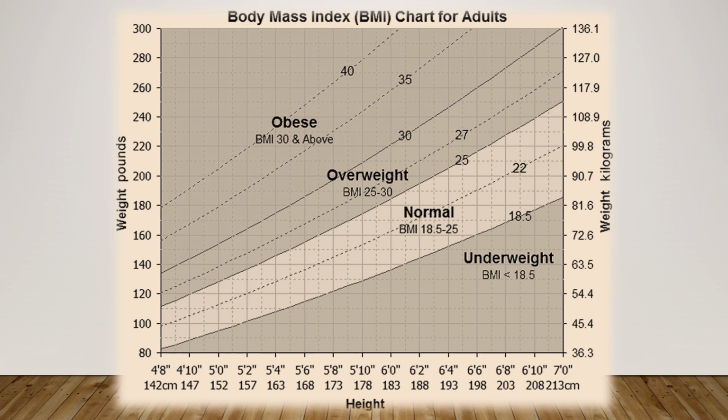This chart is prepared on the basis of your height and weight. You do not need to remember this. You can go to the link given in the description, enter your height and weight, and accordingly it will give you your BMI. It is important to know where you currently stand, where your BMI is, and accordingly proceed with the journey.